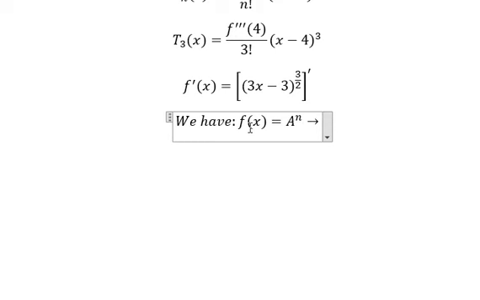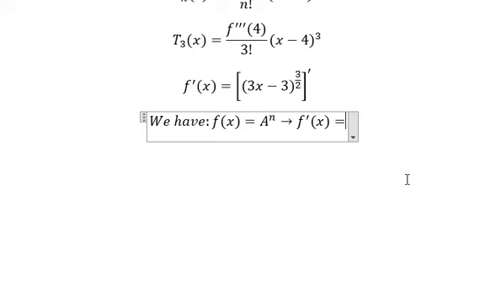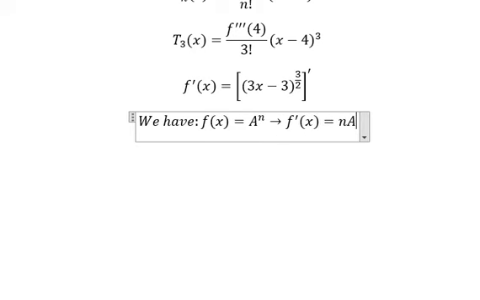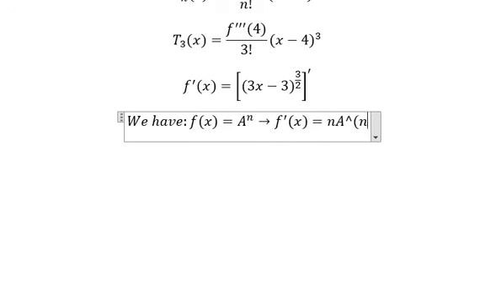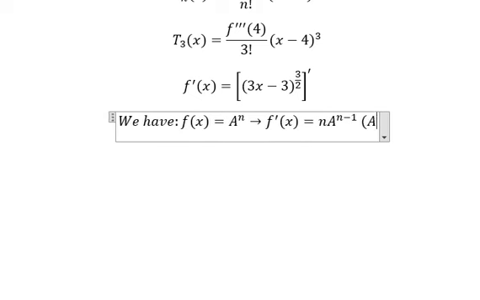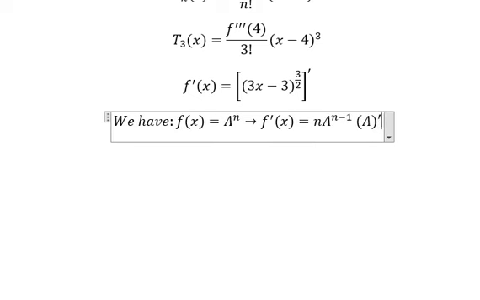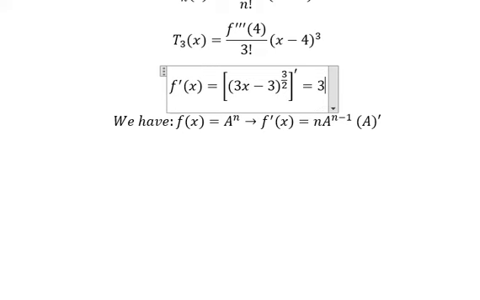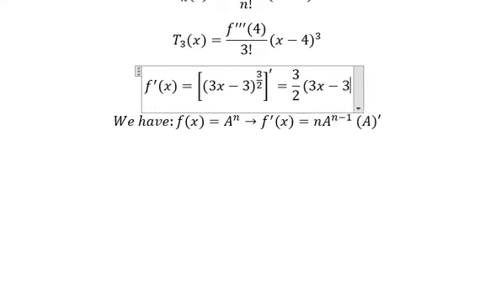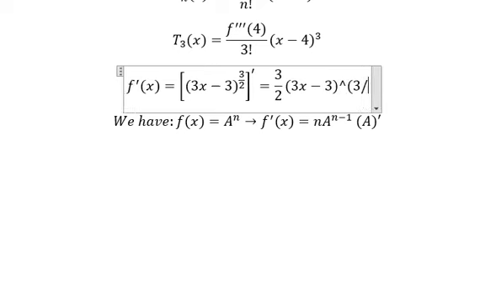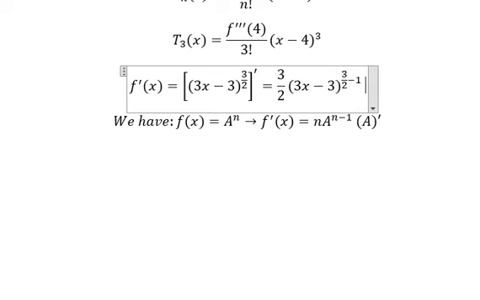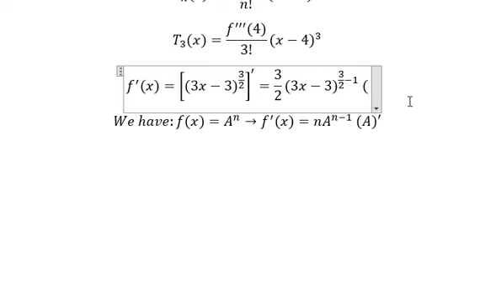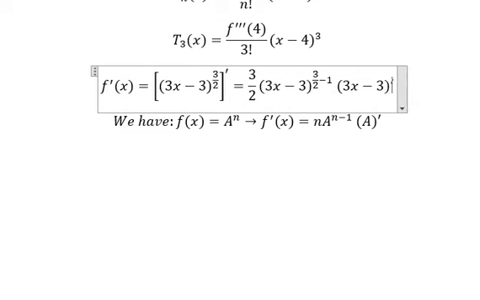So if we do first derivative of this one, we need to do n a to the power of n minus number 1, and later that we do first derivative of this one. So in this situation, we have 3 over 2, 3x minus number 3 to the power of 3 over 2 minus number 1. And later that, we need to do first derivative of 3x minus number 3.